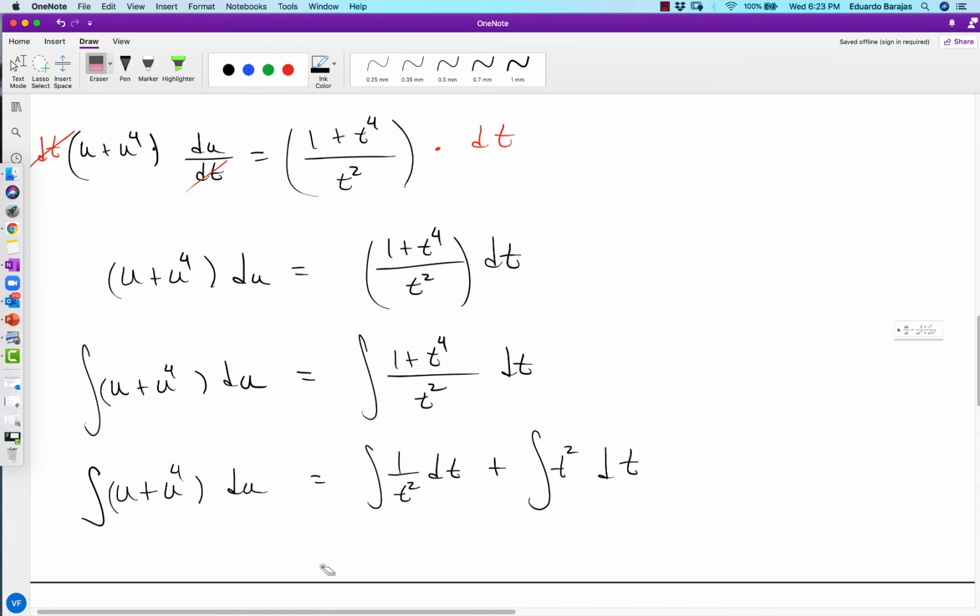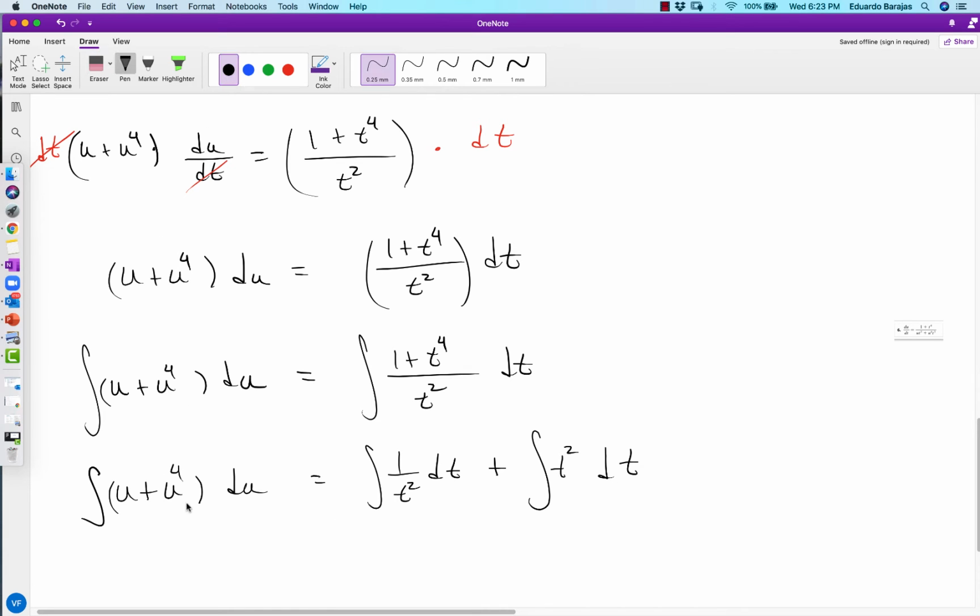Good. Okay, so now these two are fairly simple integrals. This is going to be equal to 1/2 u to the second power plus 1/5 u to the fifth power is equal to, and this is going to be negative t to the negative 1 power plus 1/3 t to the third power.